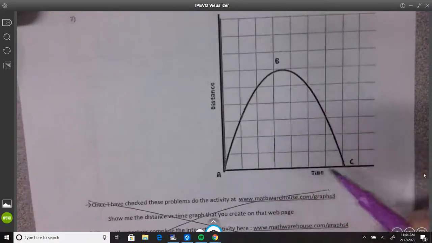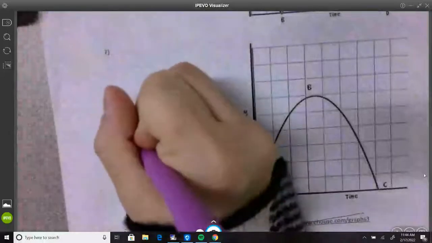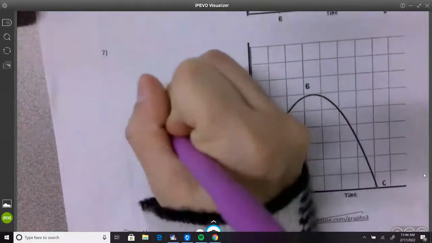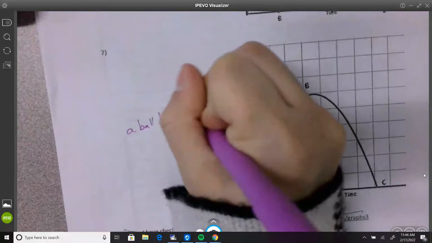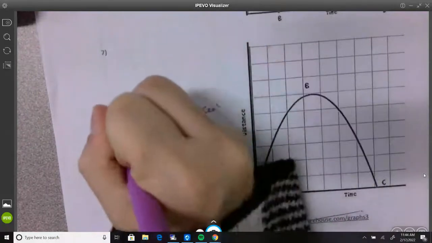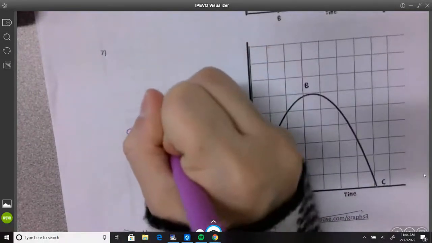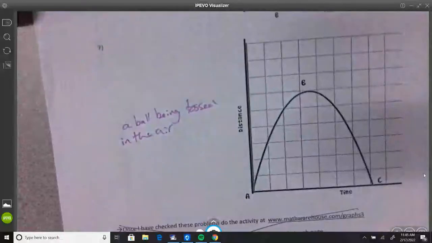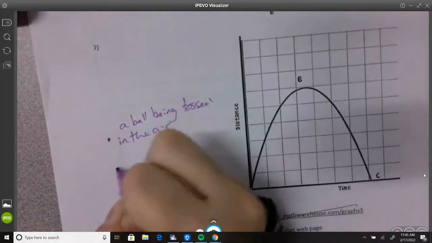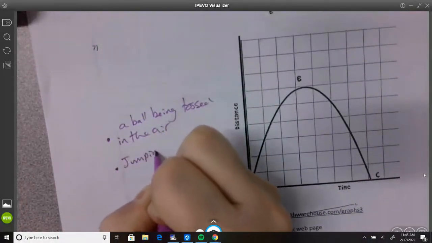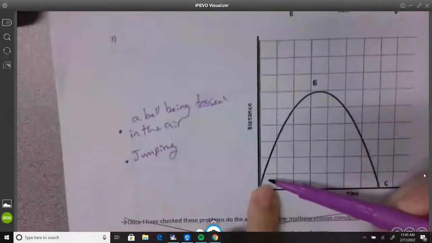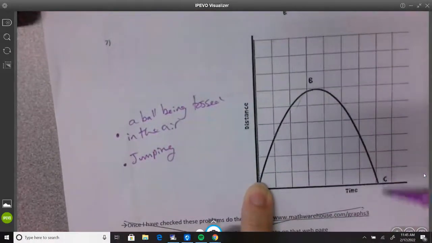These kind of graphs represent a ball being tossed in the air, or someone jumping, because they're going up and they're falling back down.